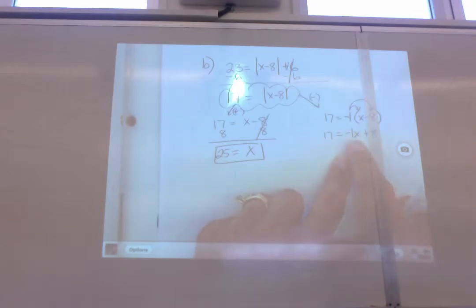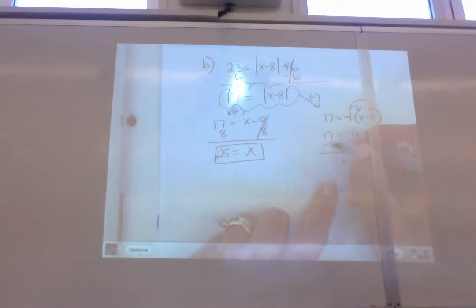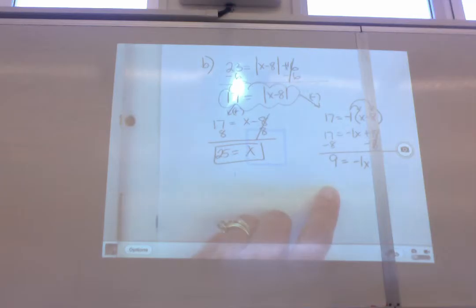Now, I want to keep the x here and move the 8. Myra, how do I get rid of that 8? Goodbye 8, from the other side of the equals. Minus 1x equals 17 plus a negative 8, or 17 minus 8 is 9.